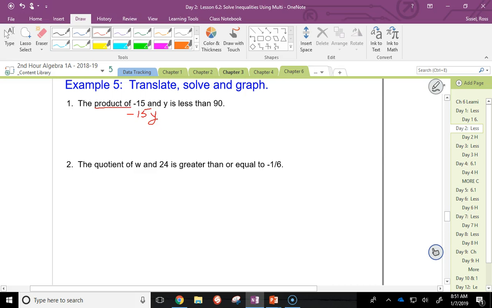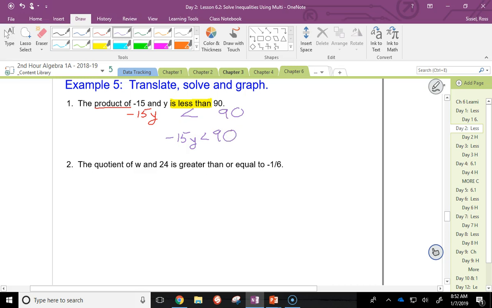And then I have is less than. So that's my less than symbol. And we're left with 90. Well, if I break it down like that, it pretty much has written itself. I have -15y is less than 90.